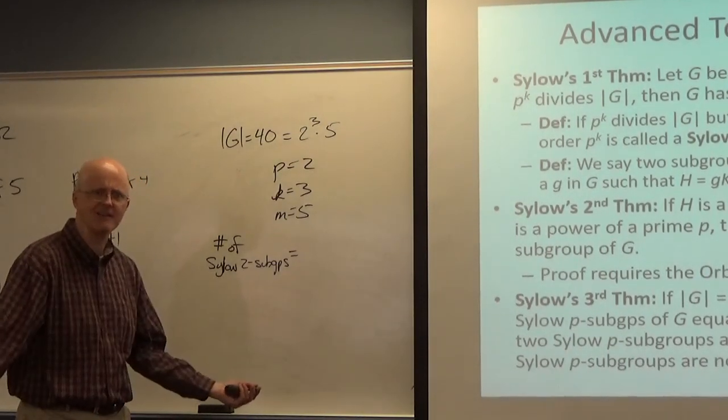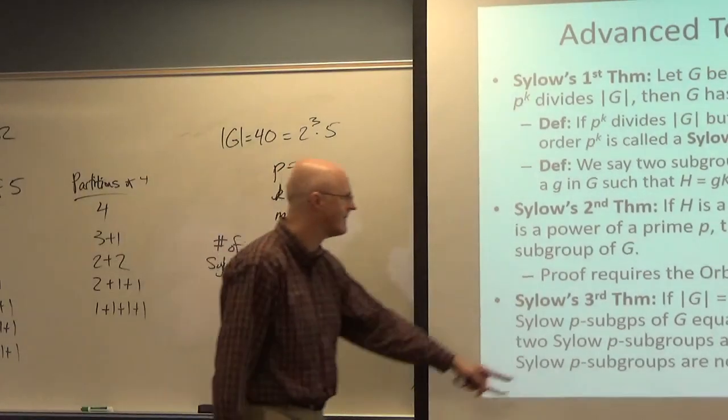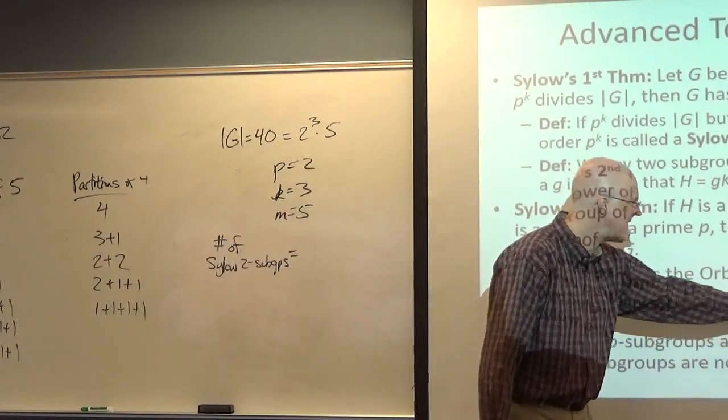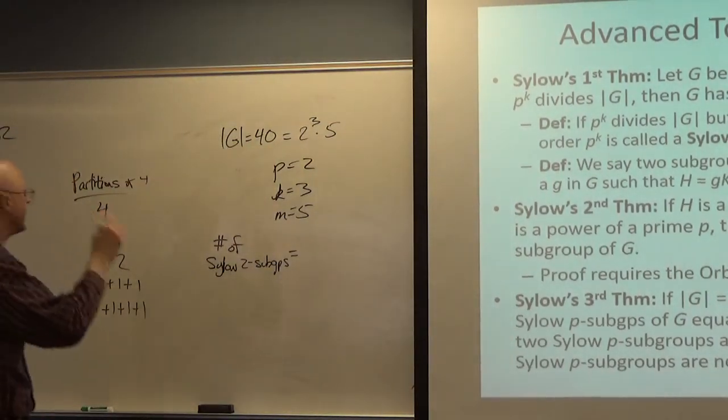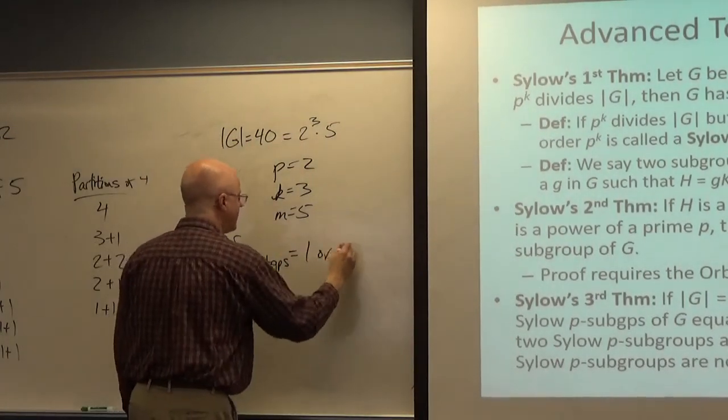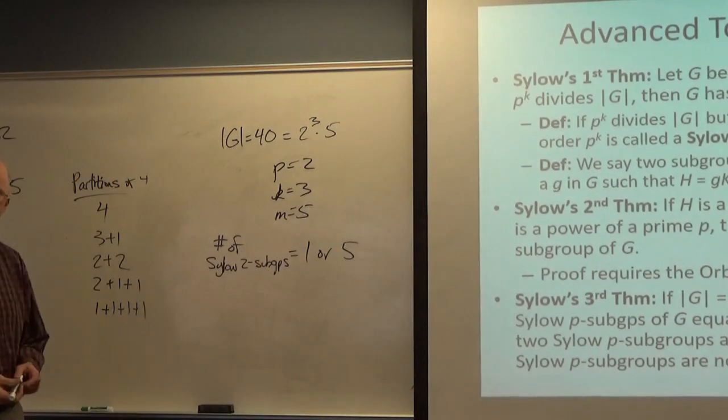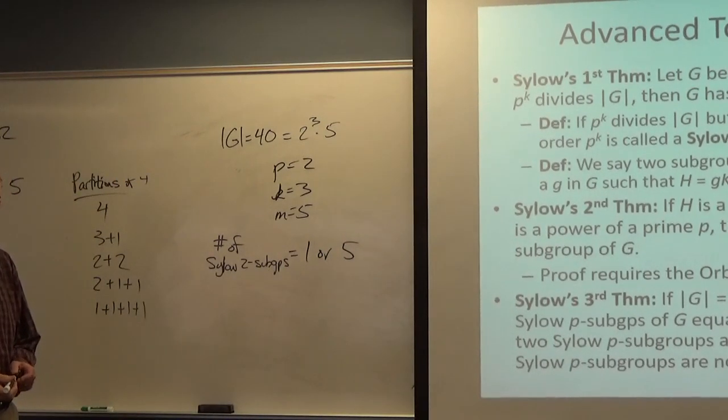It's got to be odd. And it's got to divide m. It's got to divide 5. Odd divisors of 5: 1 or 5. There are either 1 or 5 Sylow 2-subgroups. That might be useful.